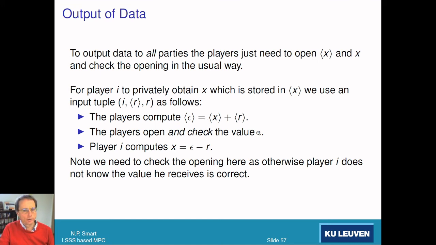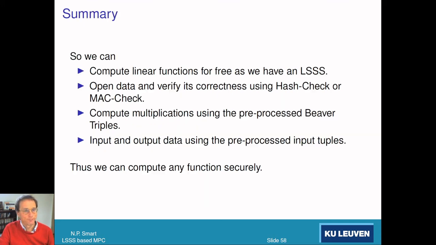We now open the value epsilon and check whether it's MAC correct, check whether it's been consistently opened correctly. Given that this is basically now a one-time pad encryption of x plus r, the designated player can extract x because he knows r. So that's kind of nice and easy there. And that's it. How easy can it be?